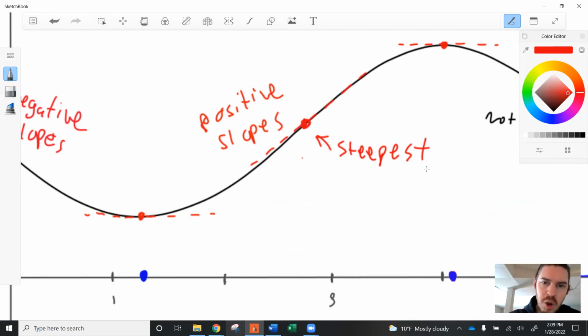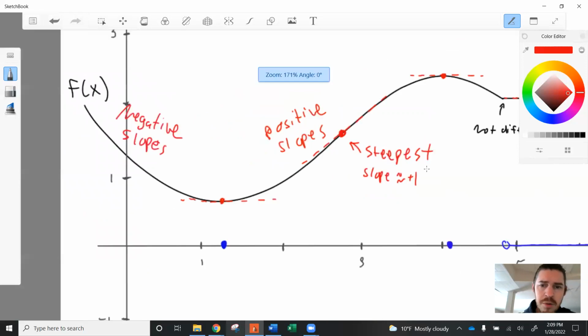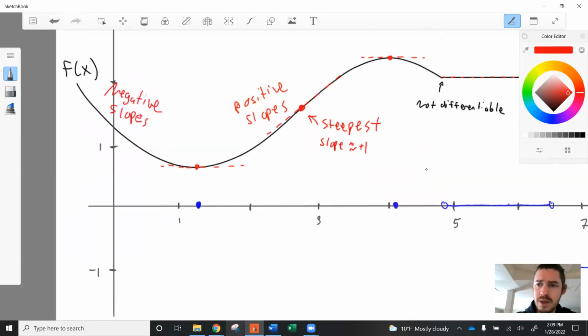And we can guess what that slope is. I'm going to guess that slope there is approximately positive 1. So what that would mean is that at that x value, trace that x value down to the x-axis, at that x value, the derivative is going to output 1, which would be right here.